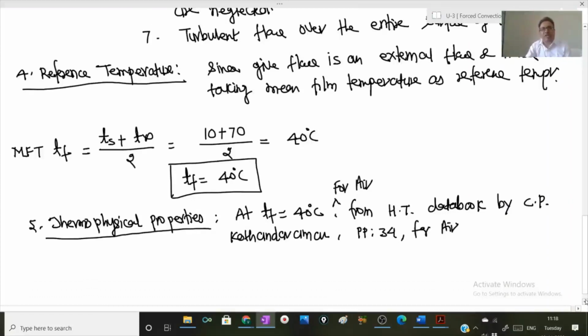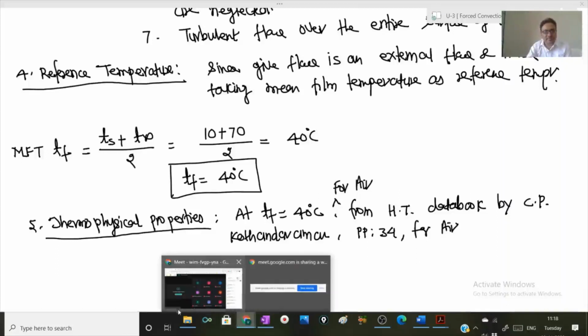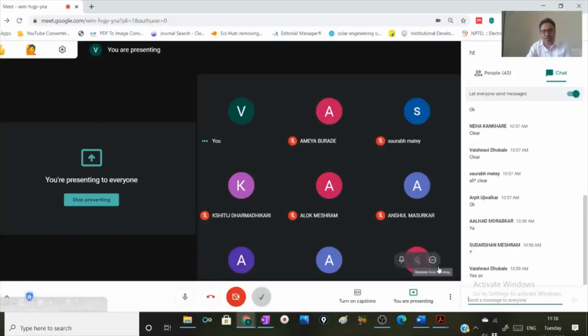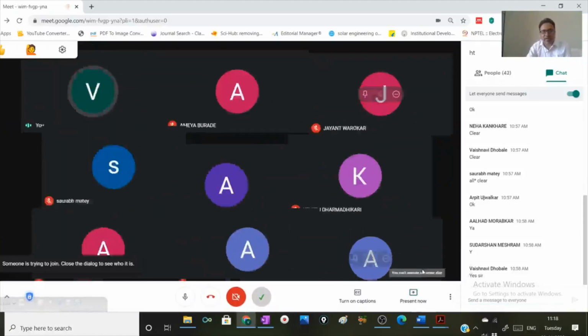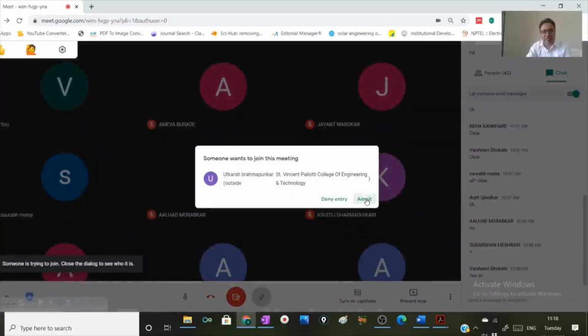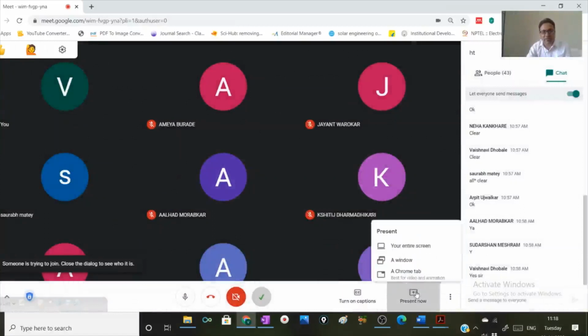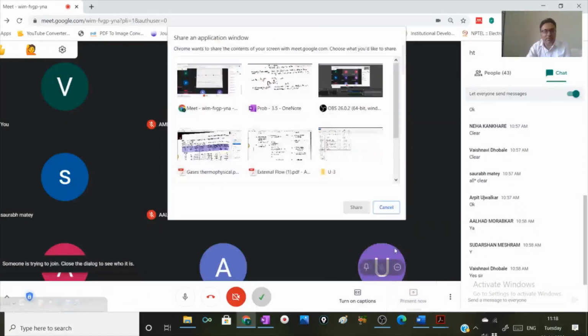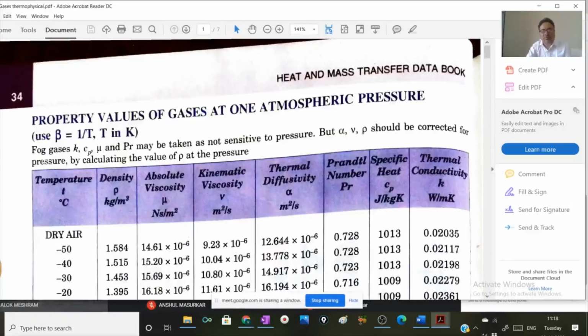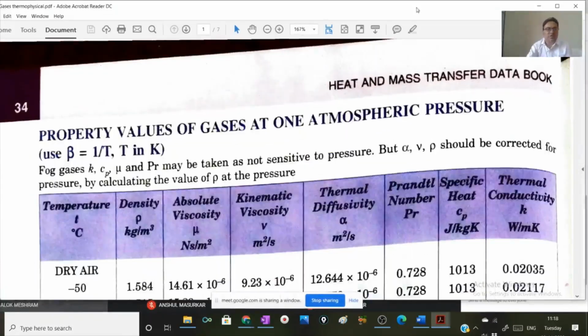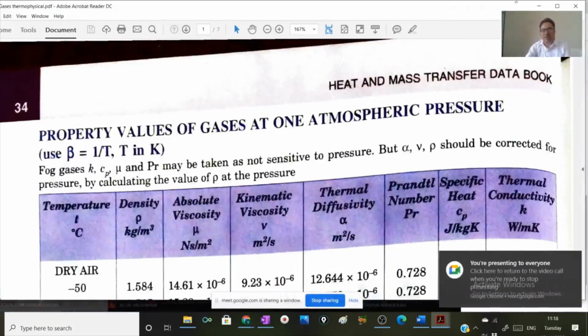So let us find out these thermophysical properties. For that you need to refer to the data book. I am sharing my data book soft copy. So this is page number 34. You are requested to refer to page number 34.